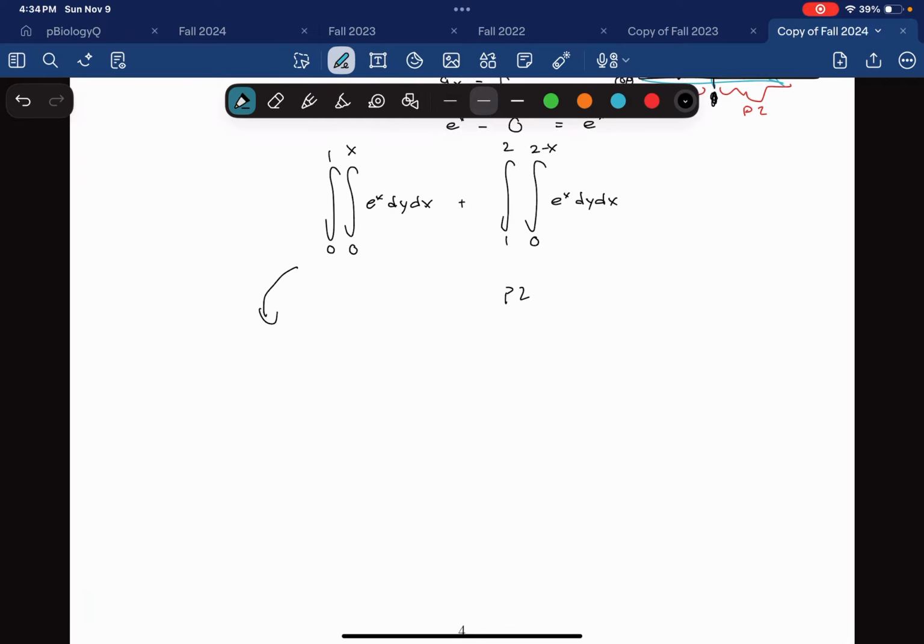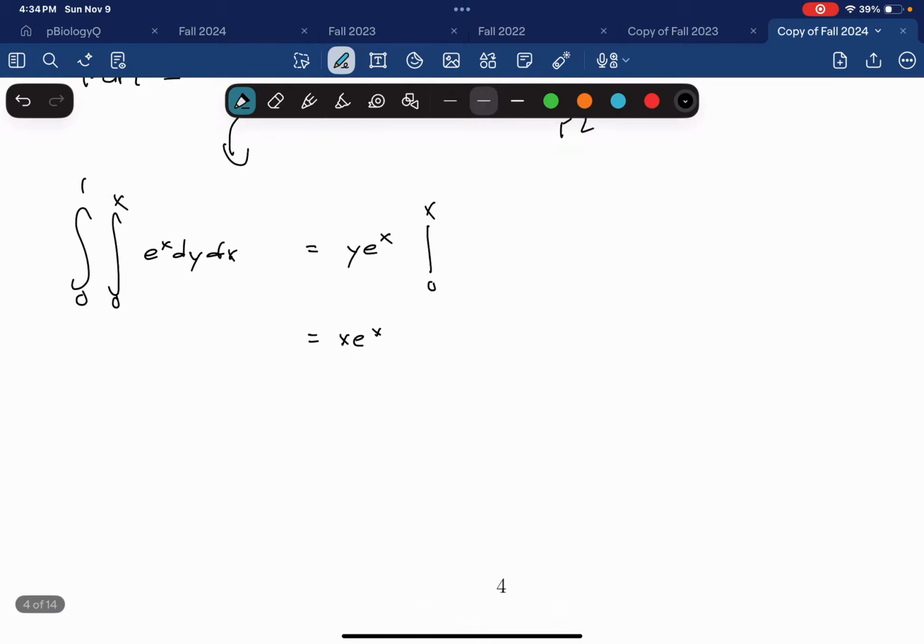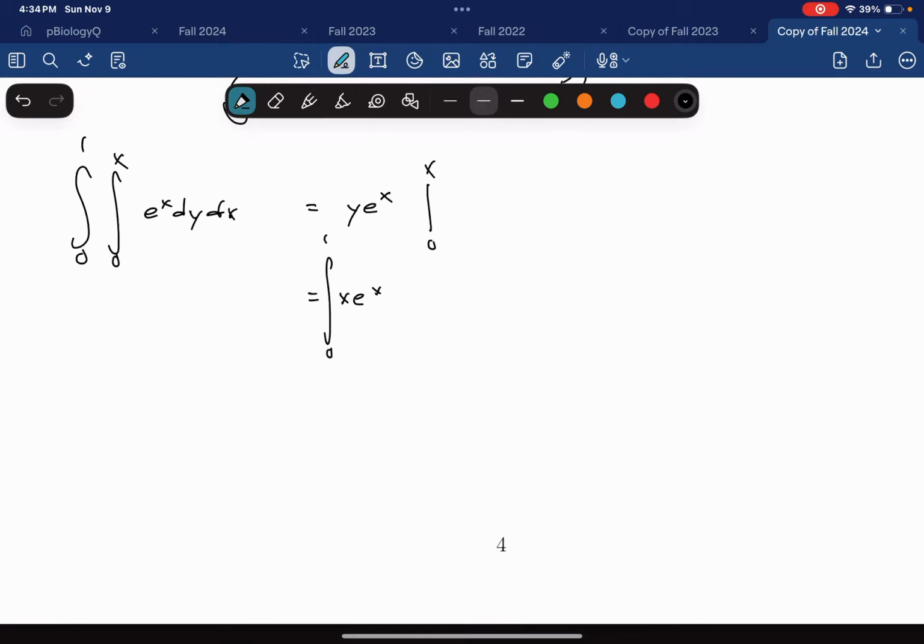So if we first do dy for this one, let's solve part 1. 0 to 1, 0 to x, e^x dy dx. So if you do dy, you get y times e^x from 0 to x. You get x e^x, 0 to 1.